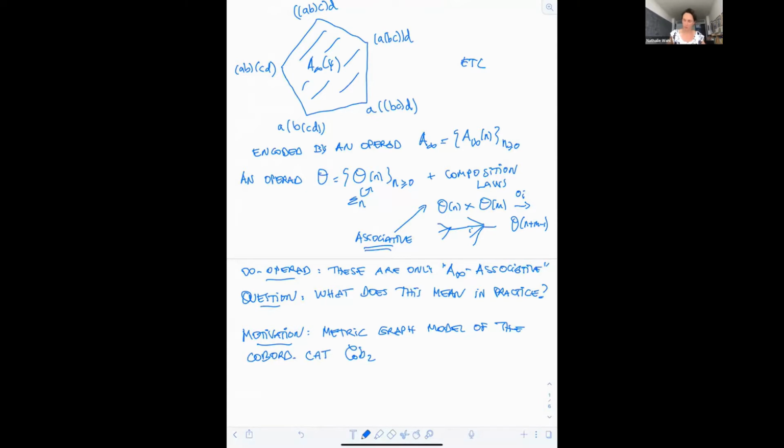It has objects, you could say the natural numbers, and morphisms would be moduli spaces of Riemann structures on cobordisms between these circles.